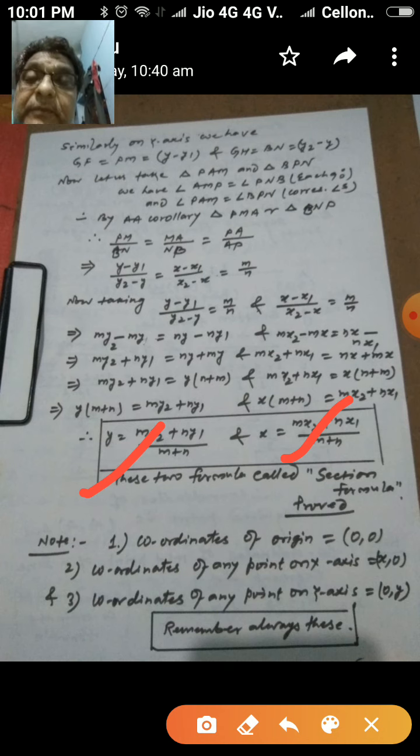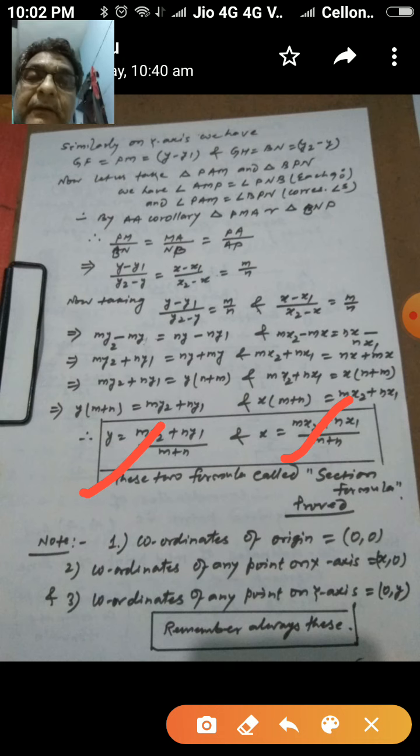With the help of these two formulae, we can find the x coordinate and y coordinate of the point of division which divides the line segment formed by joining two given points whose coordinates are x1, y1 and x2, y2, and that point divides this line segment AB in the ratio m is to n.